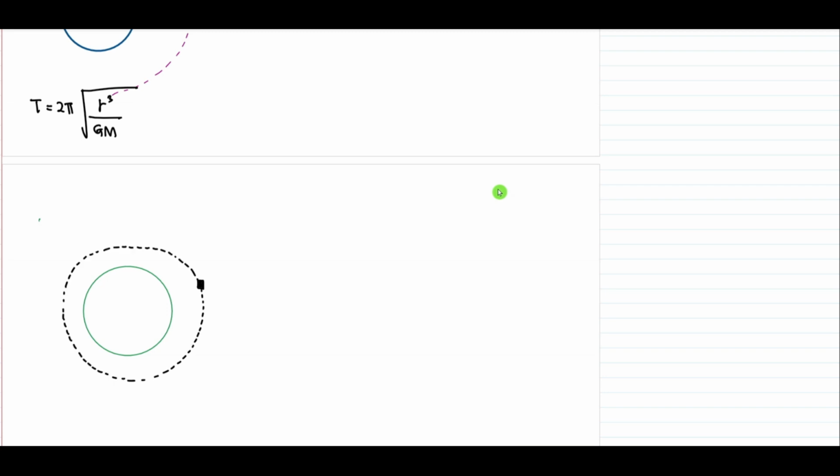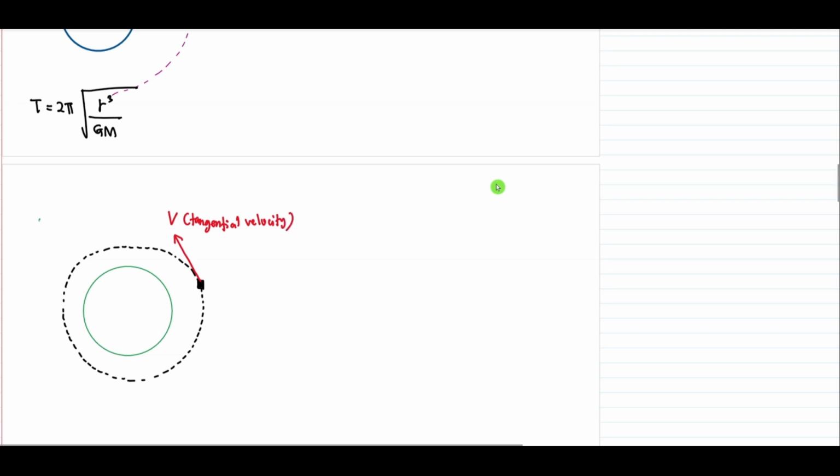Sepatutnya dia bulatan yang betul. So the direction of the tangential velocity, remember, is always tangential to the circle. So this is V, which is tangential velocity. Jangan keliru dengan escape velocity.